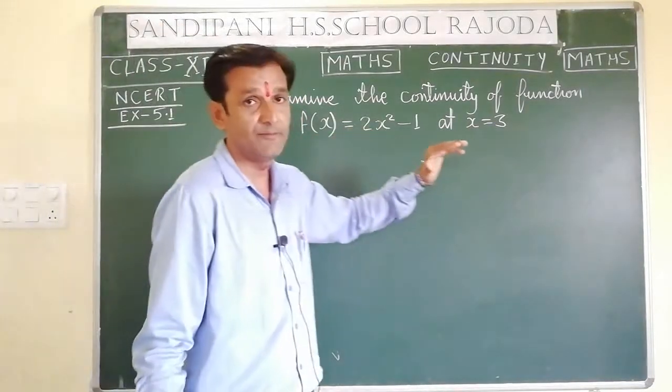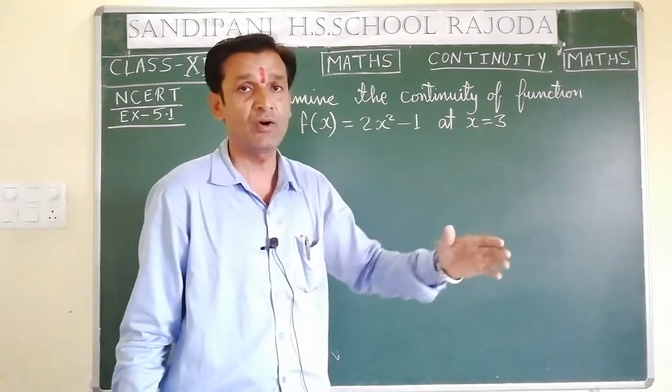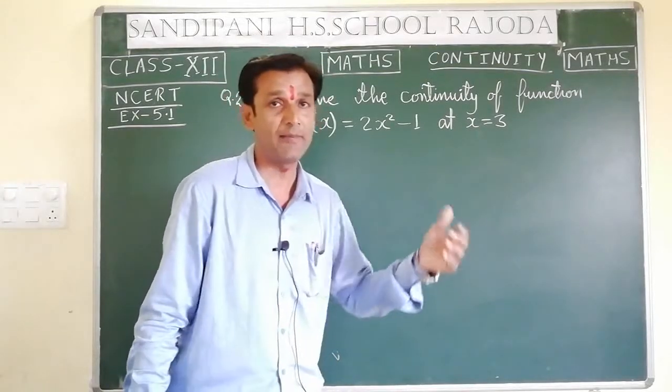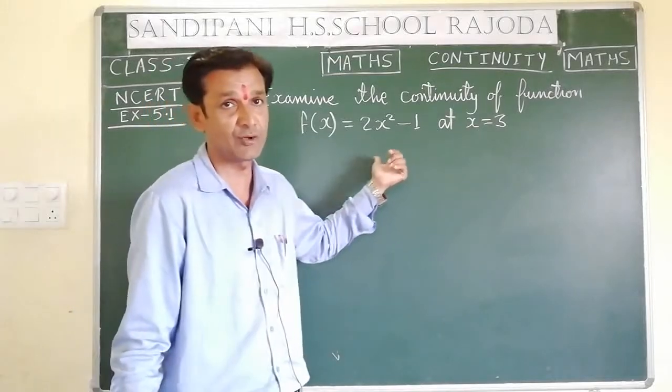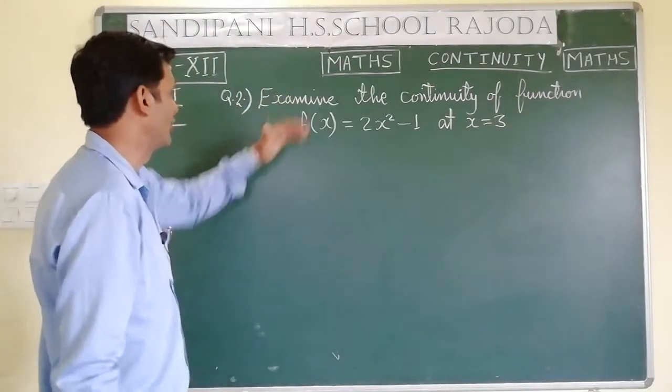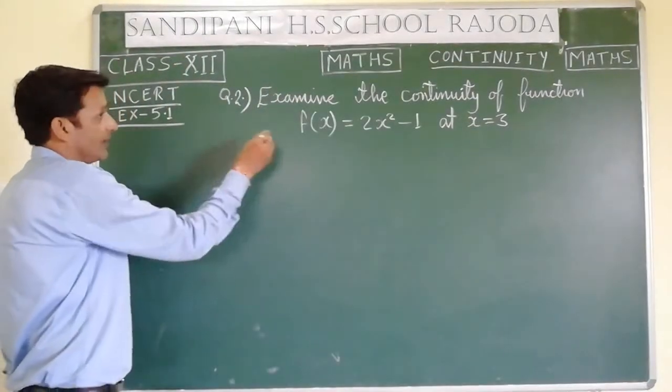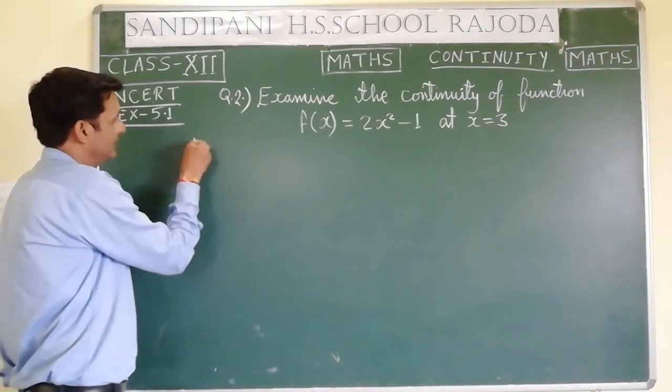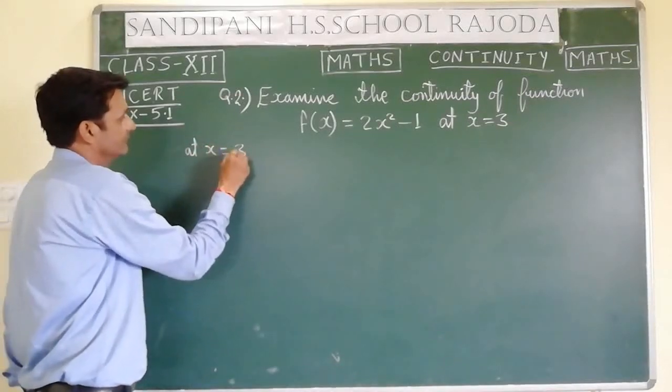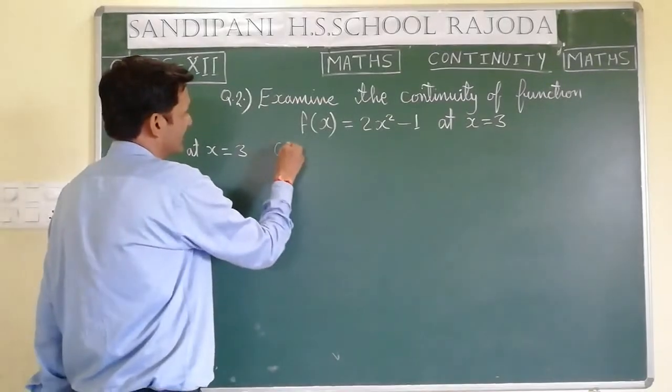Yesterday we have done in that manner only, we have to proceed. Today also I am again explaining one example related to this continuity. So at x is equal to 3, continuity test.